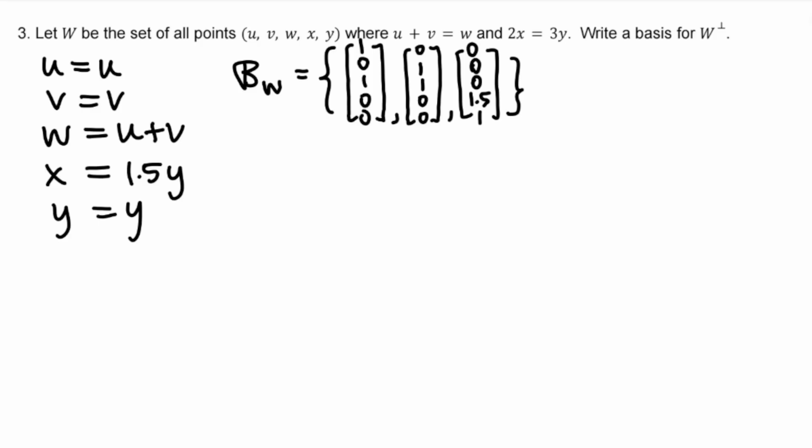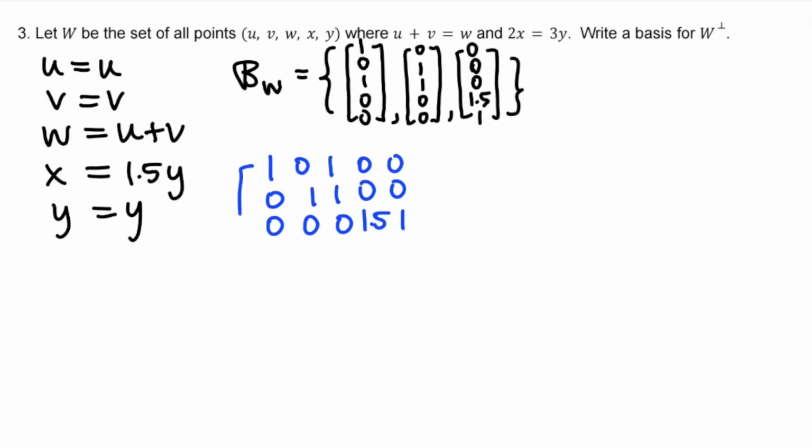Let's start with 1, 0, 1, 0, 0. I need to find the null space of this matrix.